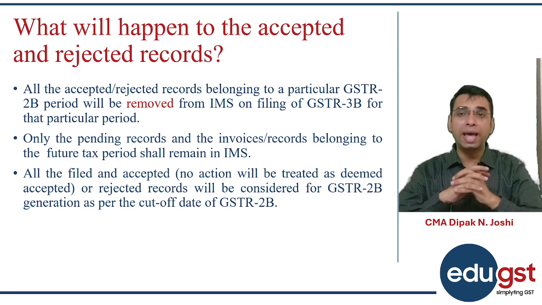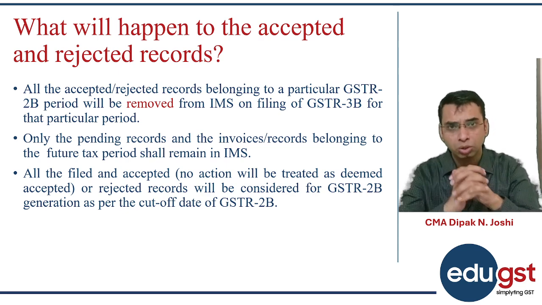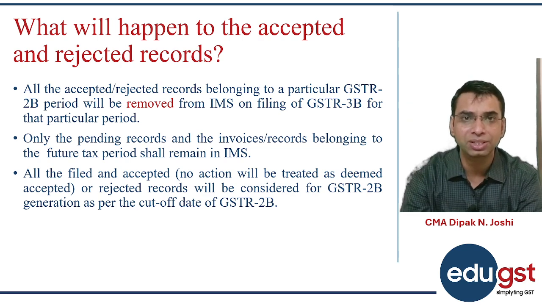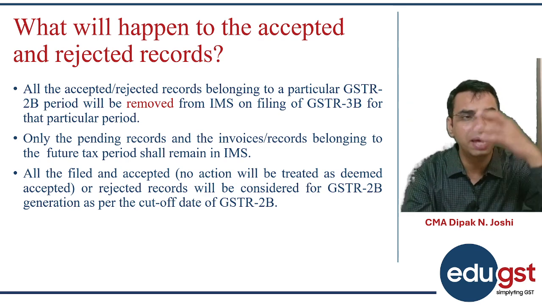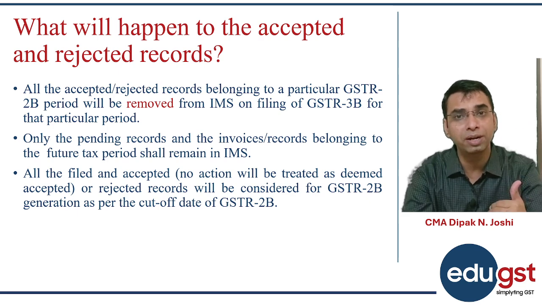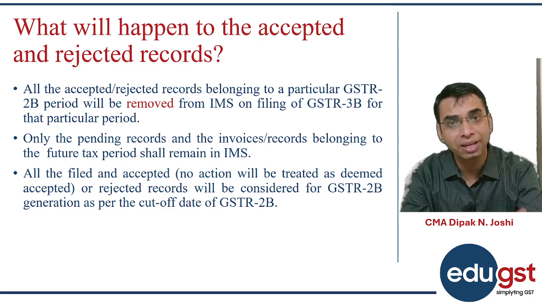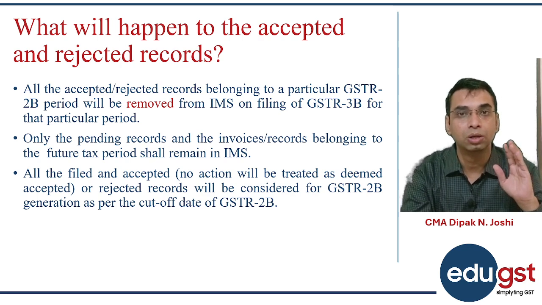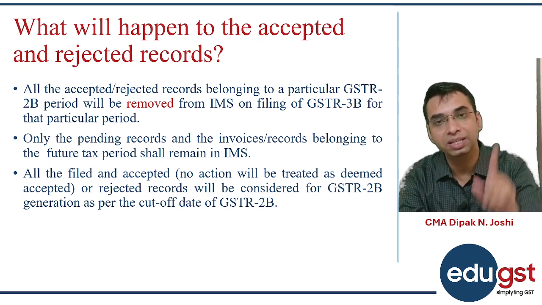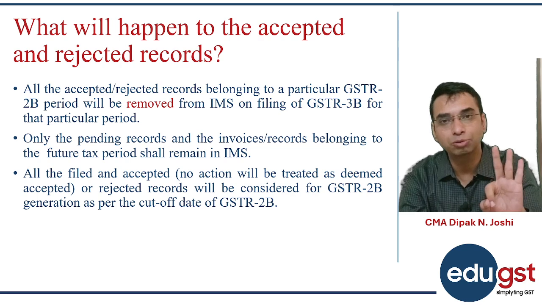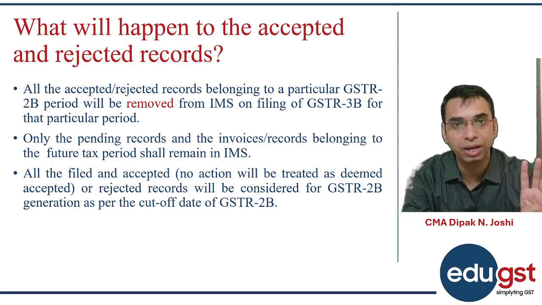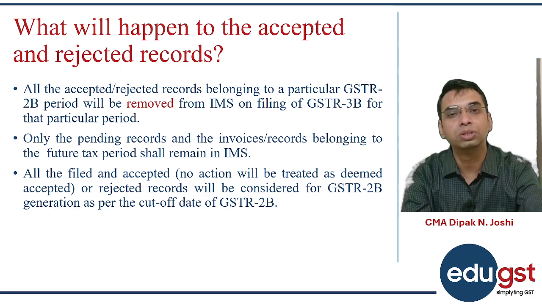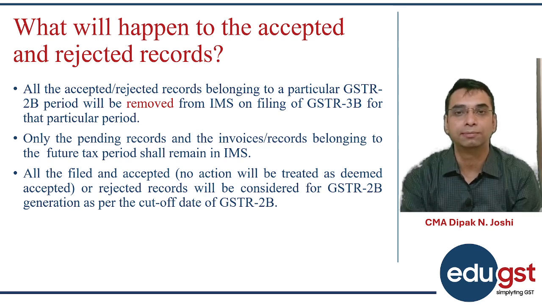What will happen to the accepted and rejected records? So see, as I mentioned, first the supplier will file the GSTR 1. Those details will be available to the recipient for taking action in his invoice management system dashboard. So the recipient is expected to take three types of action. Either he will accept the record, or he will reject the record, or he will keep those records pending for future action.